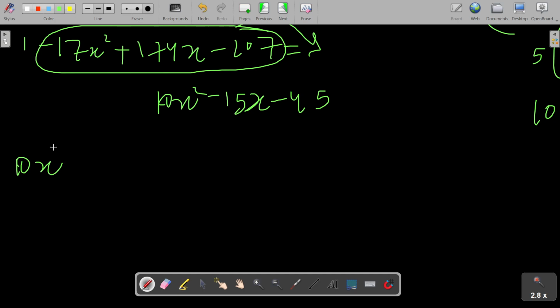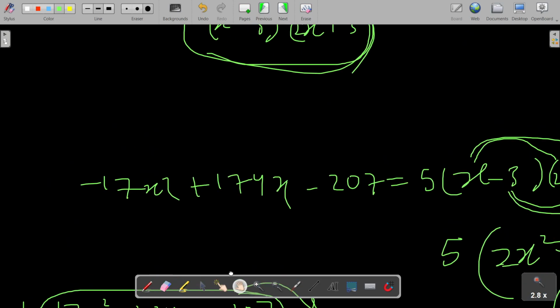So 10x squared plus 17x squared, and this becomes minus 174x. Is it minus 174x?